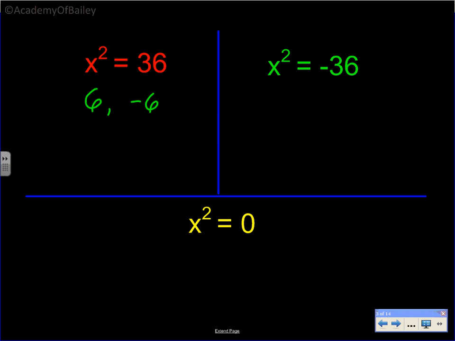Because if you take negative 6 times negative 6, that's a negative times a negative, which makes a positive, and 6 times 6 is 36. So that's positive 36. So you have 2 answers there: positive 6 and negative 6. Sometimes we write the answers as plus or minus. That's what that symbol stands for, plus or minus 6.